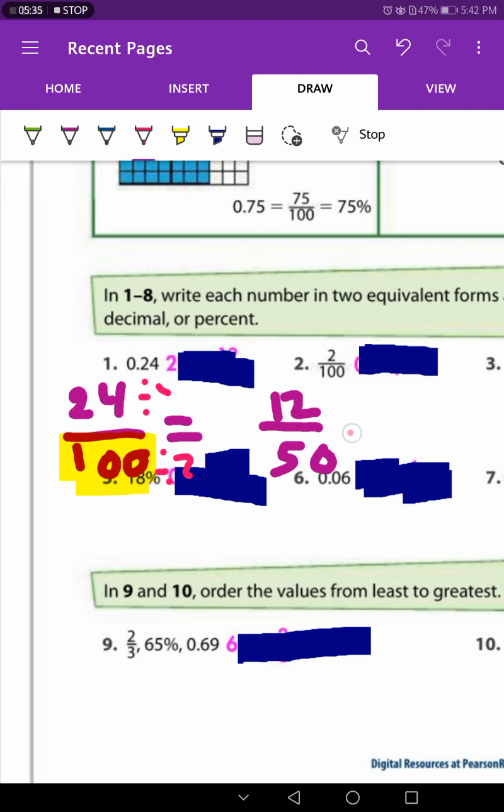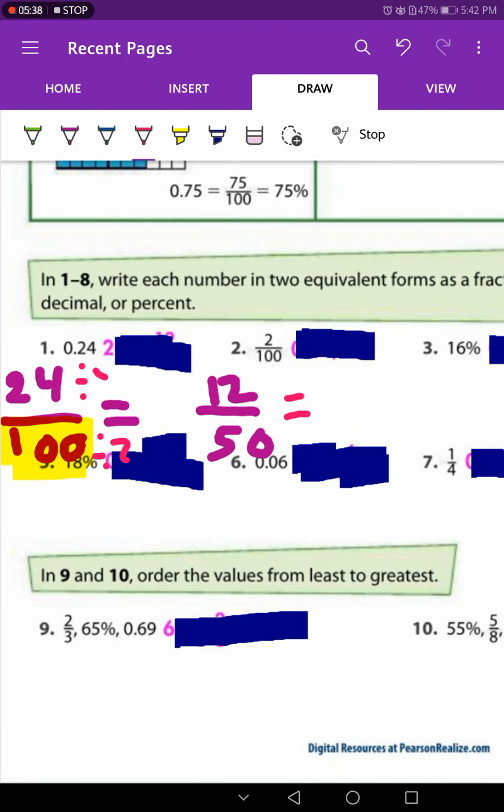So another one, Yaman, he writes it as 6 over 25. Is that correct? It's correct, but we cannot write it as a percent because we need 100. Yes, Yaman means it is correct because it is equivalent, but we cannot write it as a percent in this form, because down we don't have 100.